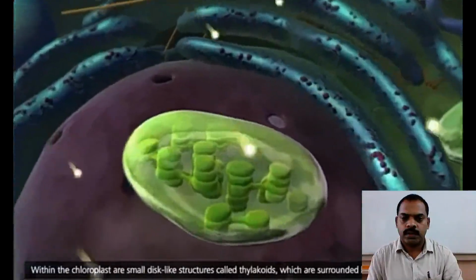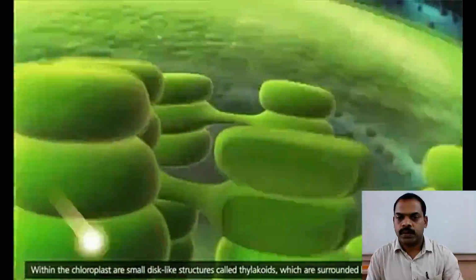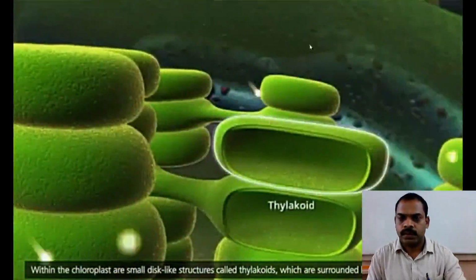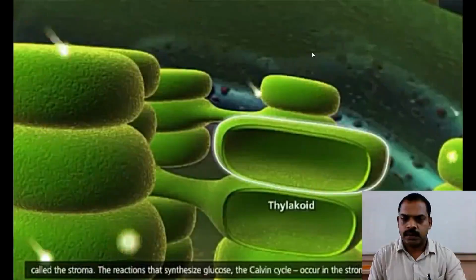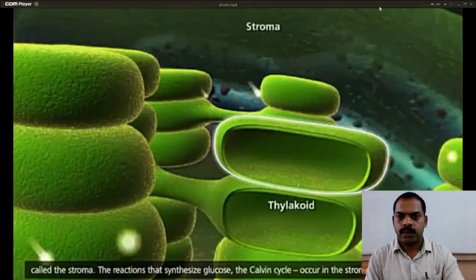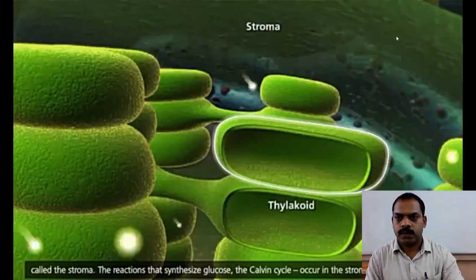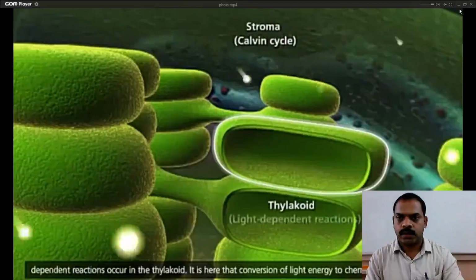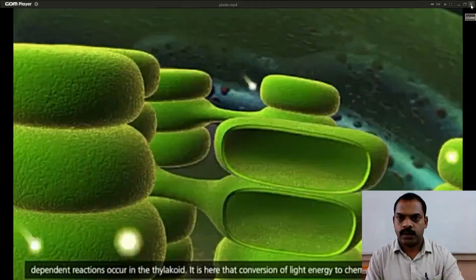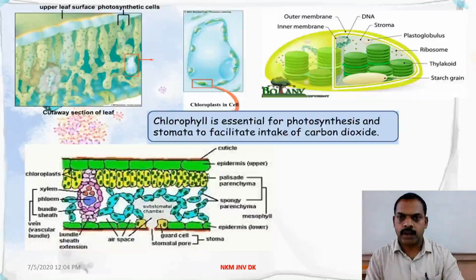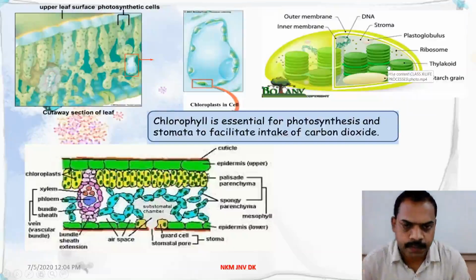Within the chloroplast are small disc-like structures called thylakoids, which are surrounded by a fluid-filled space called the stroma. The reactions that synthesize glucose, the Calvin cycle, occur in the stroma. The light-dependent reactions occur in the thylakoid. It is here that conversion of light energy to chemical energy takes place.